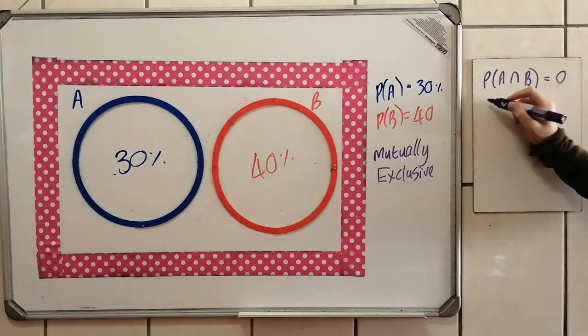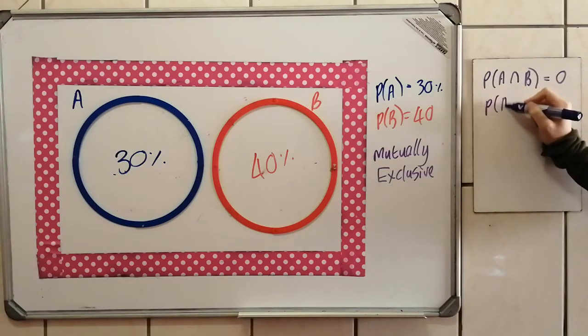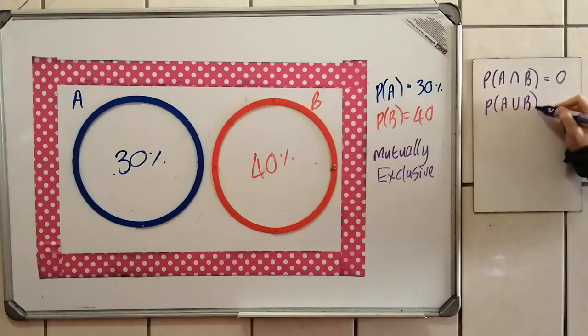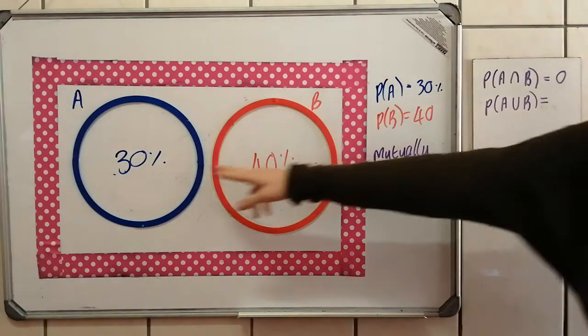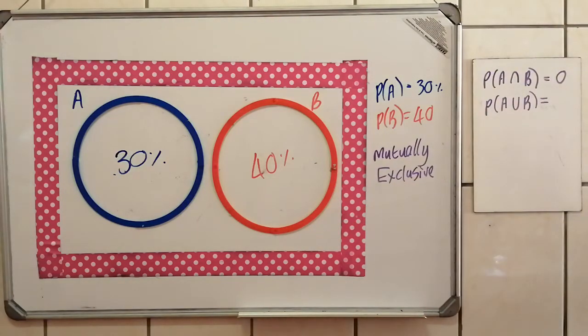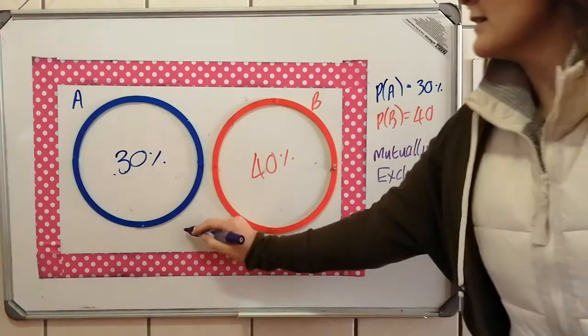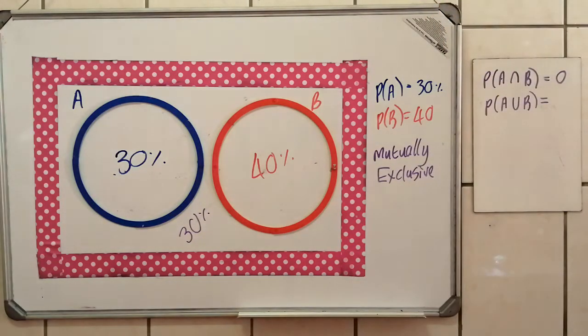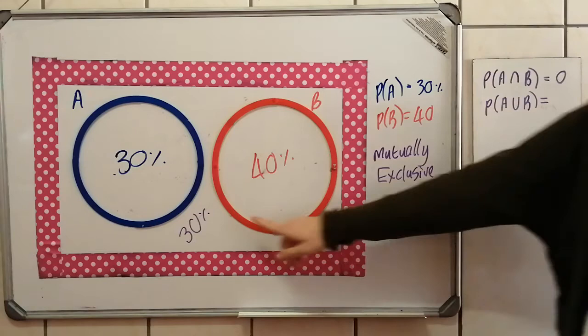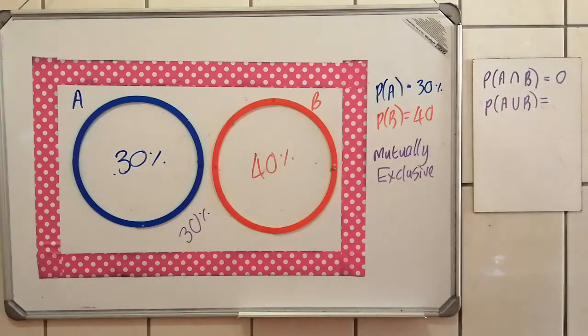The next question asks, what is the probability of A or B? Their union. Now remember, is this exhaustive? 30 and 40 gives me 70%. That means 30% is still outside here in my sample space. So it's not exhaustive, so it's not complementary. So that means this does not come to 1 because it's not complementary. I need to exclude the 30%.